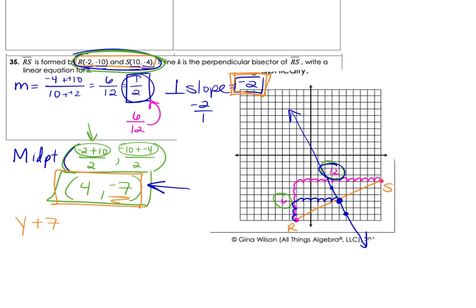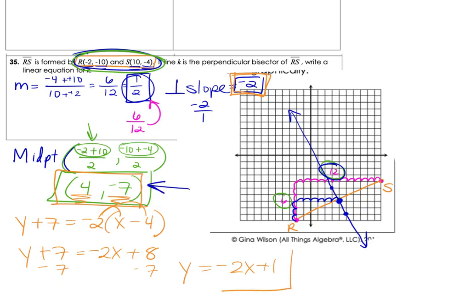So y plus 7 equals the slope times x minus your x value. That's your point slope form. Distribute that. y plus 7 equals -2x plus 8. Subtract the 7. So y equals a negative 2x plus 1.